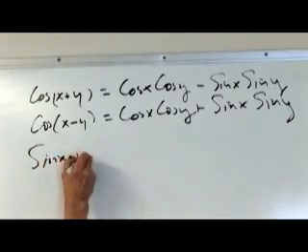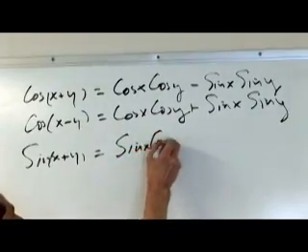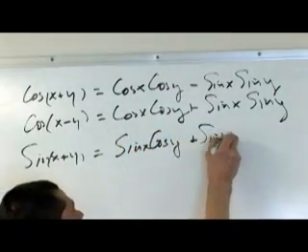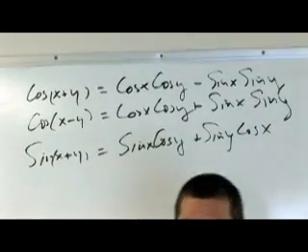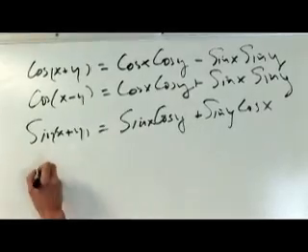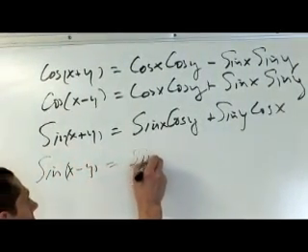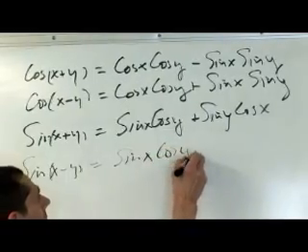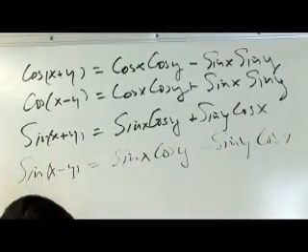Sine of x plus y is sine x cosine y plus sine y cosine x. I'm even bored, but you just got to memorize these. This is why I keep putting these up. Sine of x minus y is equal to sine x cosine y minus sine y cosine x.